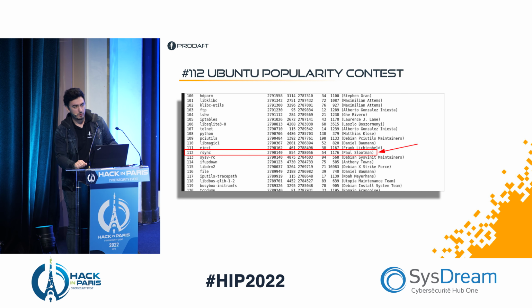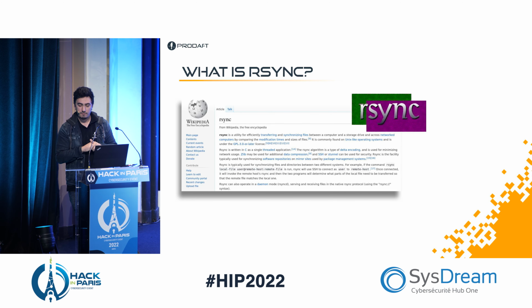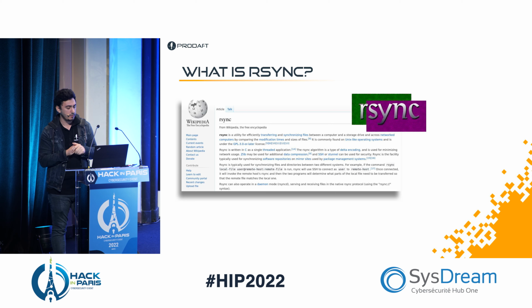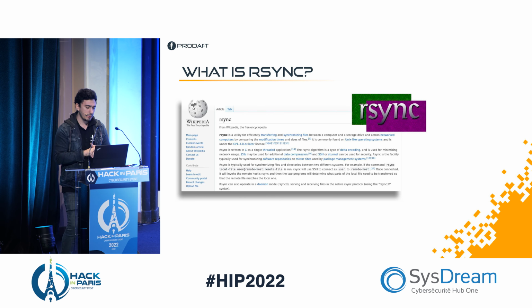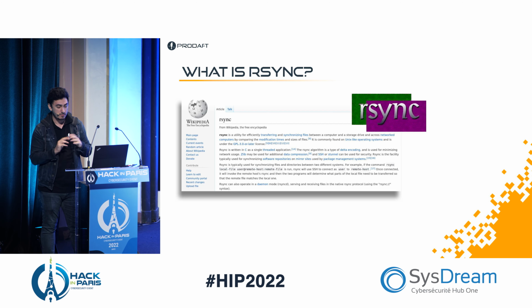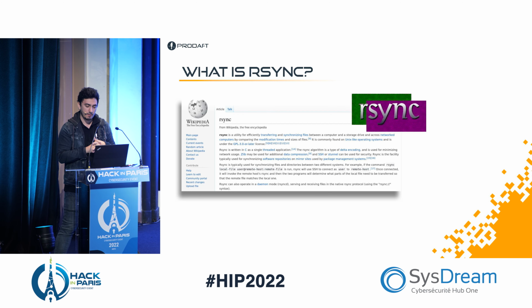For those of you who don't know what Rsync is, let me quickly explain. Rsync is a file transfer tool, very similar to the SCP utility, the secure copy utility. The official description is, Rsync is a utility for efficiently transferring and synchronizing files between two storage mediums over networks.